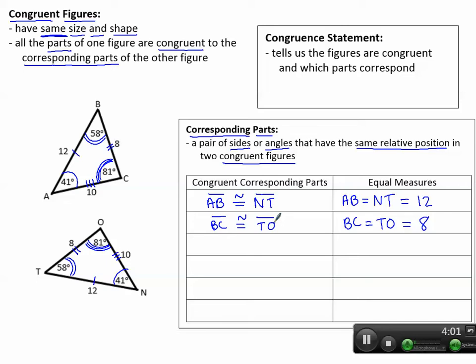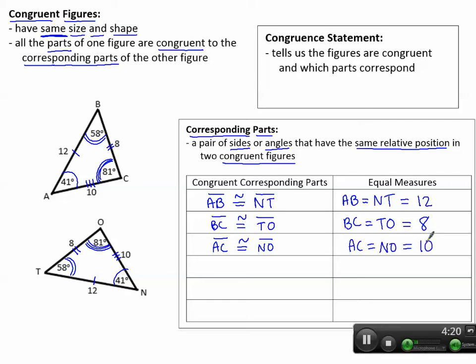And finally, the third side, AC, is congruent to segment NO, since both of those segments measure 10. AC equals NO, which equals 10.